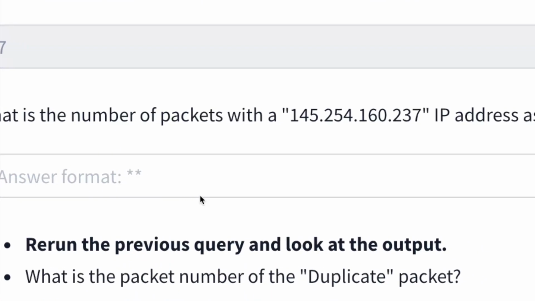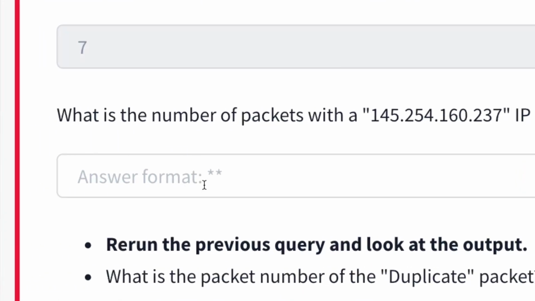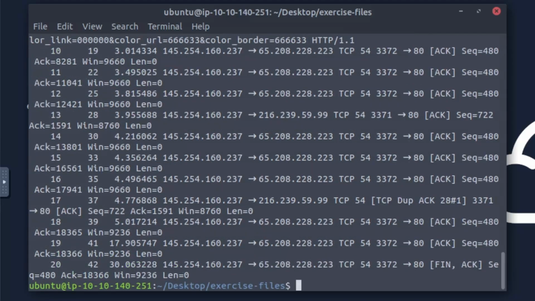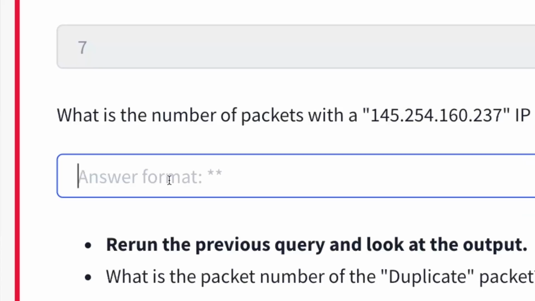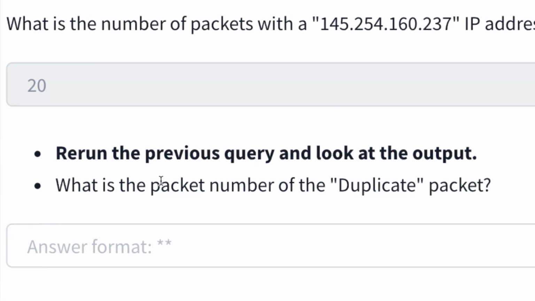So what is the number of packets with this IP address as a source address? So very similar to what we did, except now we're just going to change it to searching for the source address. There we go, and we got 20 of those, so we're going to run that over here, and there we go.